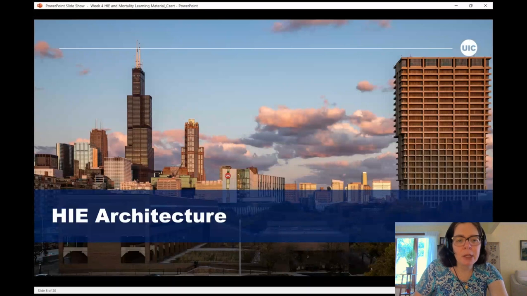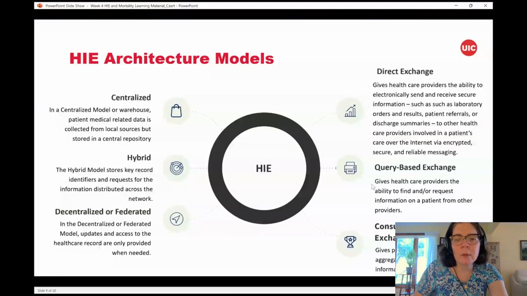Now, in terms of HIE architectures, in our readings, you will have multiple types. On the left, you see the more standard general terms, and on the right are more direct terms, which basically mean the same thing. Therefore, the centralized or direct exchange are ideal situations which we want healthcare to work at, so that individual hospitals could potentially eventually share information at the national level without any delays.